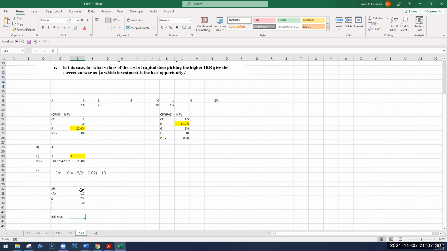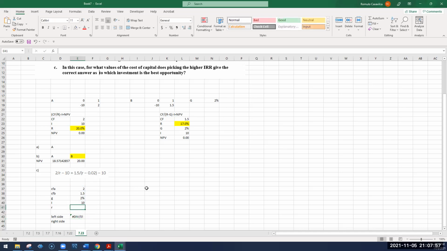On the left side, I input this divided by this, minus the investment.